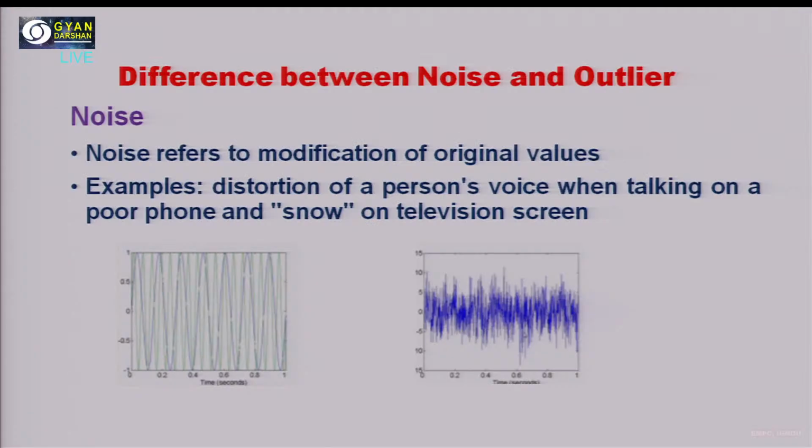Now let's understand the difference between noise and outliers. Noise refers to the modification of original values. You must have observed on a television screen some snow dots, or the distortion of a person's voice when he's talking on a very poor phone system, as shown in the diagram.